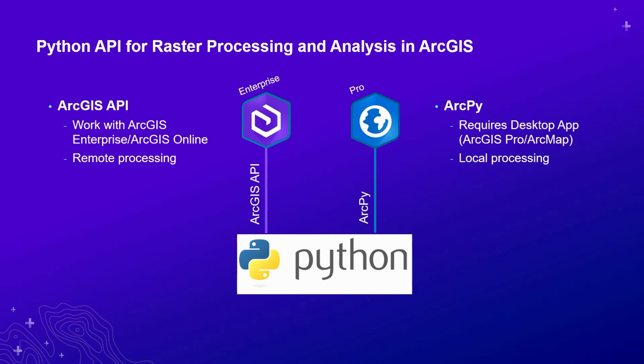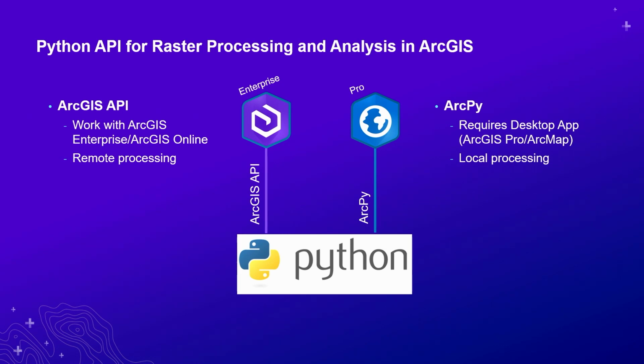So to do all these things, how do you get started? What kind of Python functionality do we have in the ArcGIS platform? In the ArcGIS platform, we have a large, rich ecosystem. You access all this functionality through different APIs, and we have primarily two sets of API.